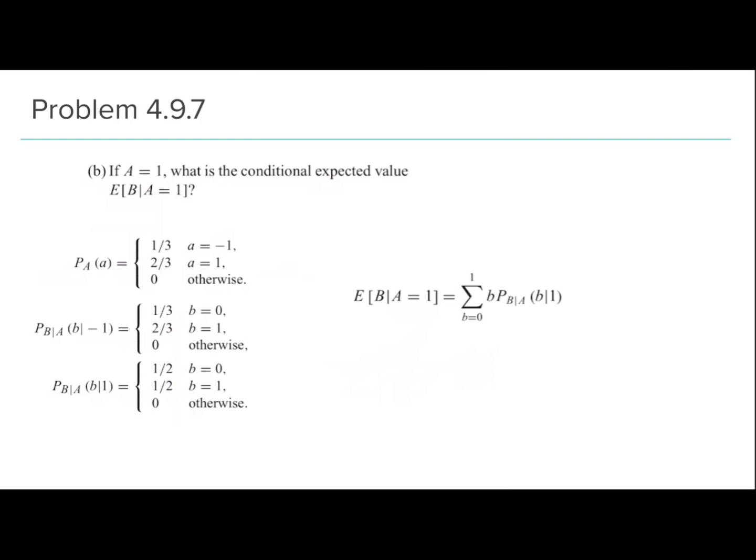So we'll have one term in which B is equal to 0, so that entire term will be equal to 0. The second term is where B is equal to 1, and that will be the only non-zero term, which will be equal to 1 into P of B given A, B is equal to 1 and A is equal to 1. This is in the third table, and the value of this is 1 by 2. So the final answer that we have is 1 into 1 by 2.